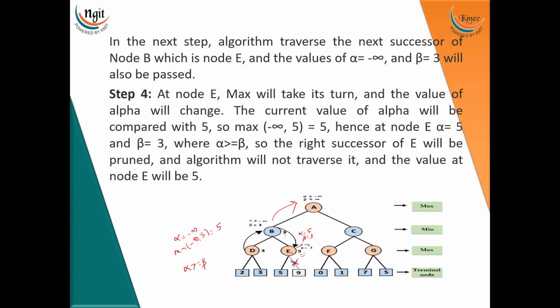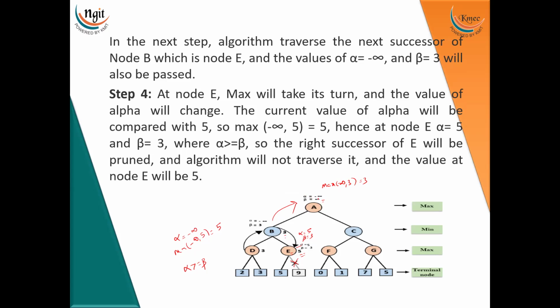Now we are backtracking from node B to node A. At node A, the value of alpha will be changed. That is, the alpha value will become 3. Why? Because here it is max turn, so max of minus infinity comma 3 will become 3. And beta will be the same value, beta equal to plus infinity. Now alpha equal to 3 and beta equal to plus infinity.